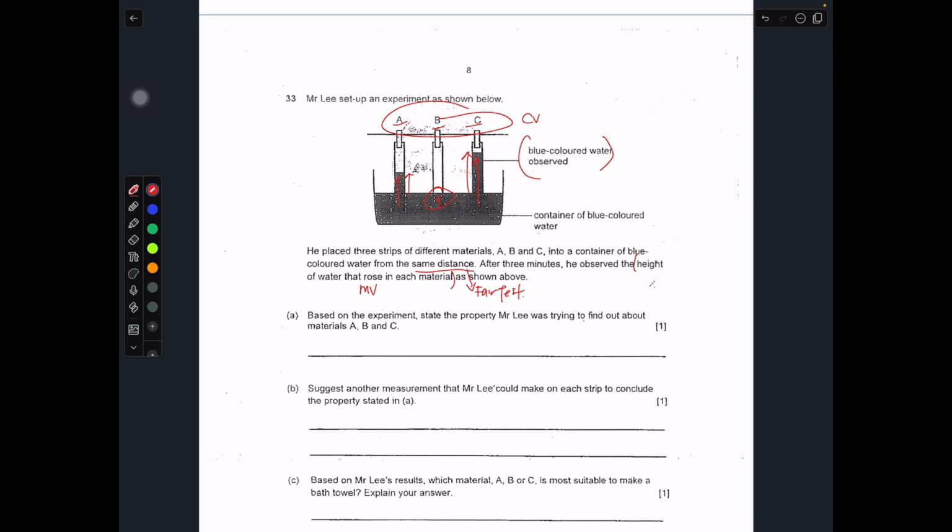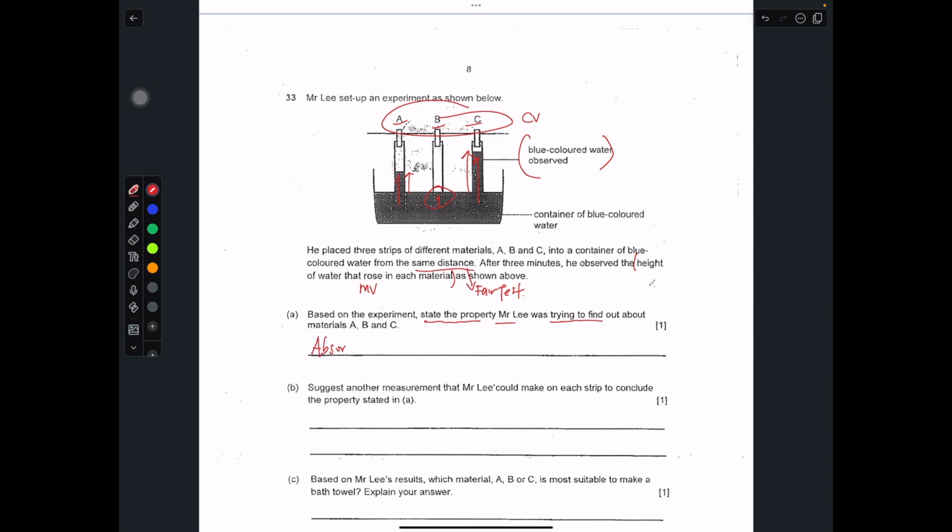Based on the experiment, state the property Mr. Lee was trying to find out, what is the property he's trying to test. Okay, after you do this, you get the result whether the material is absorbent or whether it is waterproof. So he's trying to find out the absorbency of the material or the waterproofness of the material. Okay, so this one, absorbency or waterproofness.